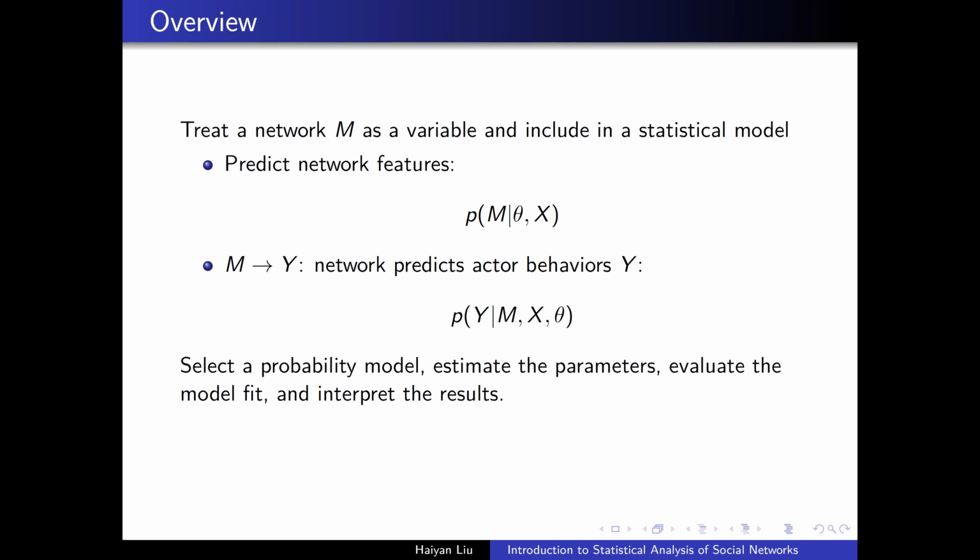If the hypothetical model fits the data well enough, we then use the model to interpret the results. So in the following, for each model we talk about, we will first present the model and then talk about the estimation method. And then we also talk about how to assess the model fit and then interpret the substantive meaning of the findings from that model.